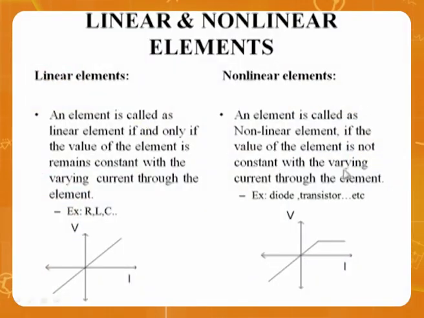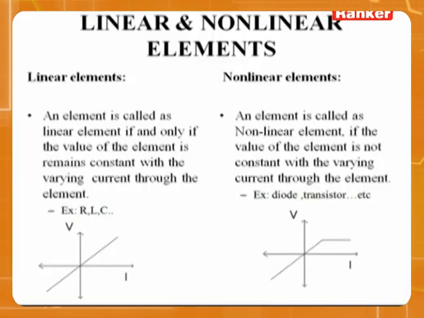Whereas a non-linear element is one whose value changes with the varying current through the element; if it is constant, we call it a linear element. So non-linear elements are diodes and transistors. Linear elements are RLC. But remember one thing, when you talk about diode and transistor, particularly transistor, it is basically non-linear, but in the active region it works like a linear one. Similarly, operational amplifier is basically non-linear, but it can be treated as linear.